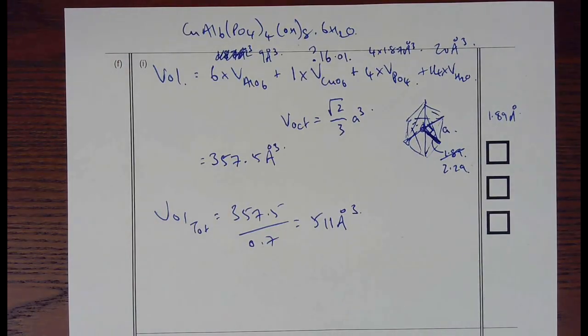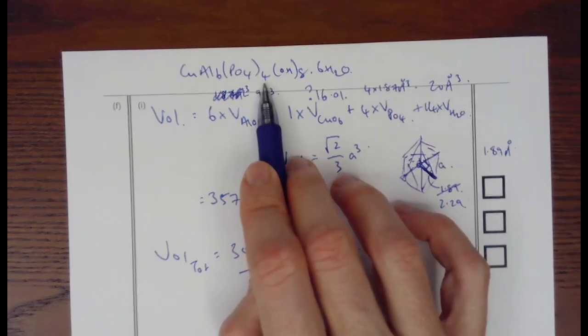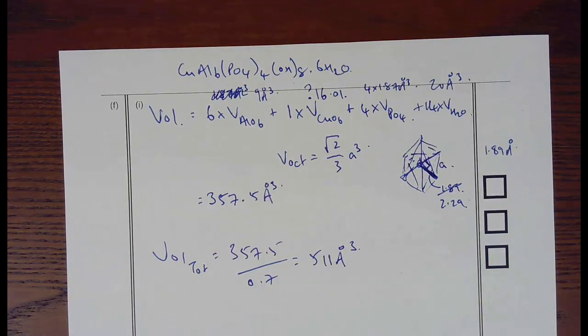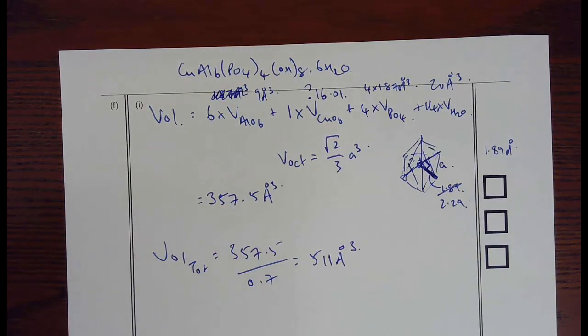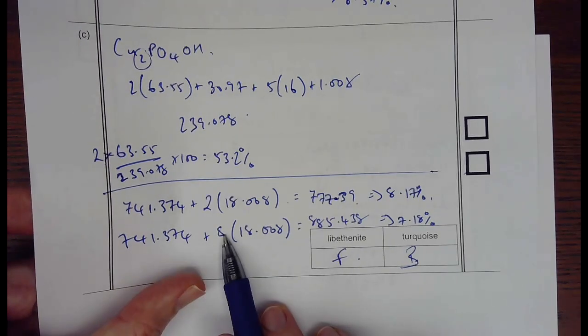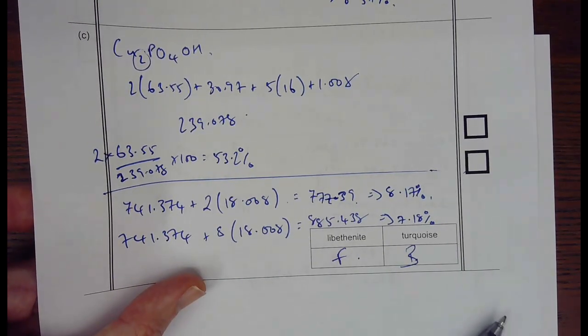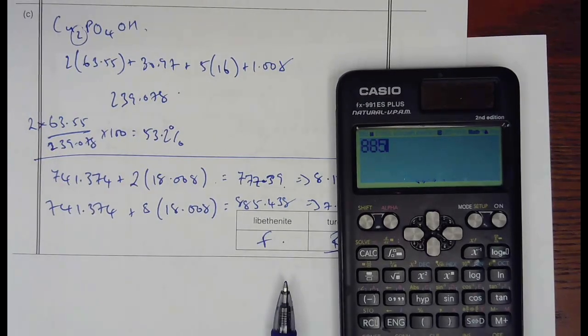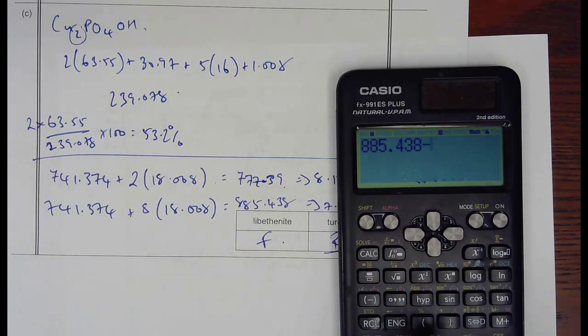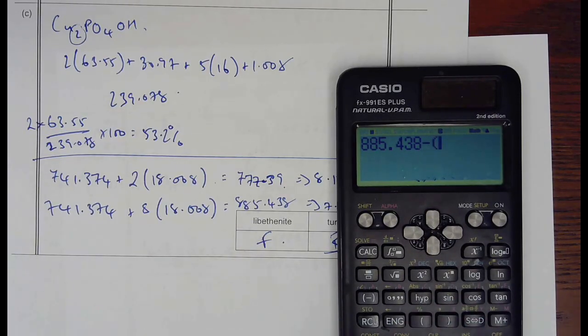In order to determine the density, I need to know this mass here. Did I work out that mass anywhere? I've got it here, with 8 waters. So if I do 885.438 minus 2 times 18.008, that's it with 6 waters, I believe.